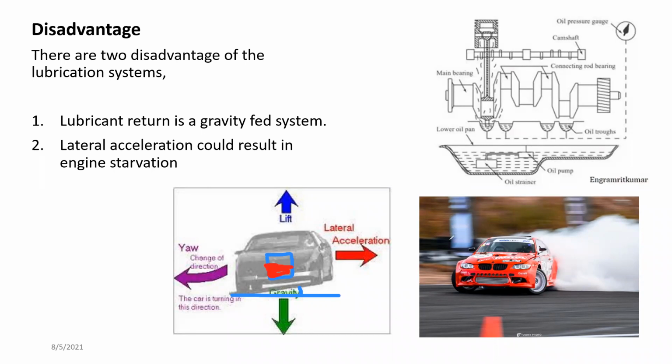As you can see, the lateral acceleration in this case is this way, but the vehicle direction is this way, so the lateral acceleration is somewhere in between these two directions. As a result, oil is moving in the other direction. Oil is trying to resist this movement.